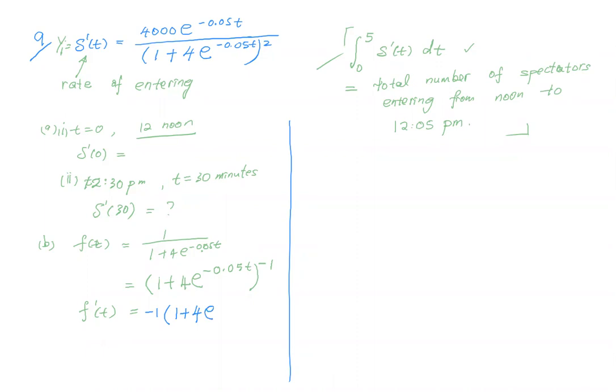So copy down the whole thing. Power, take away 1. Times by the derivative of the inside. Copy down the whole thing for e. Times by the power, the coefficient of t.